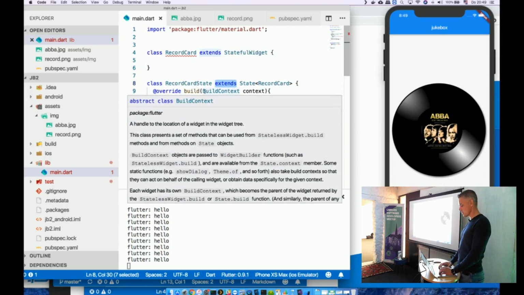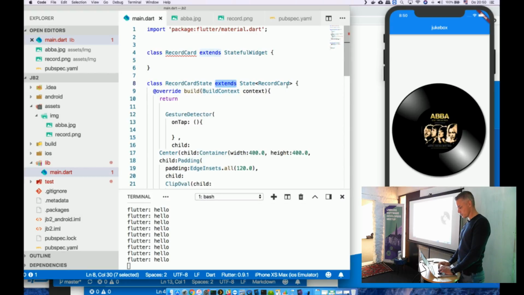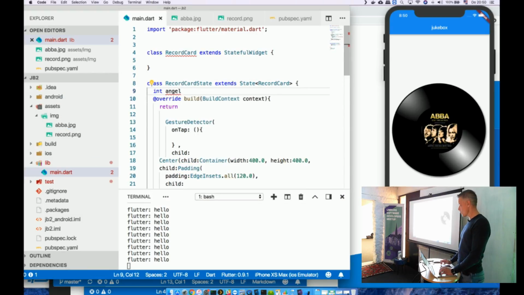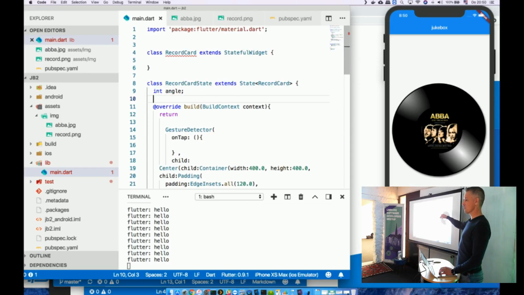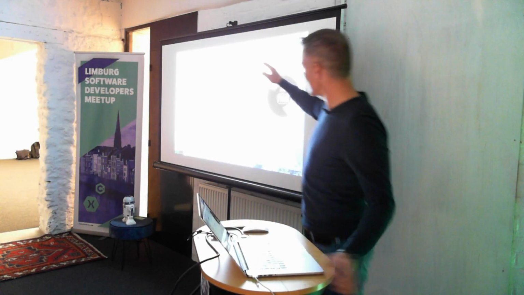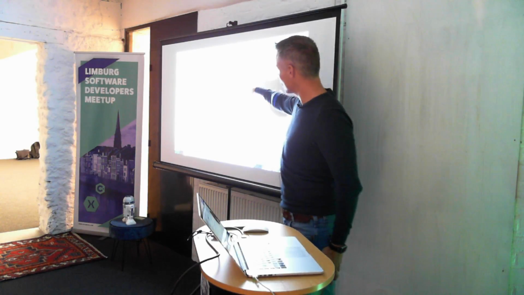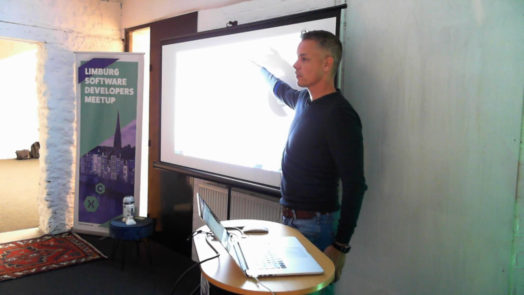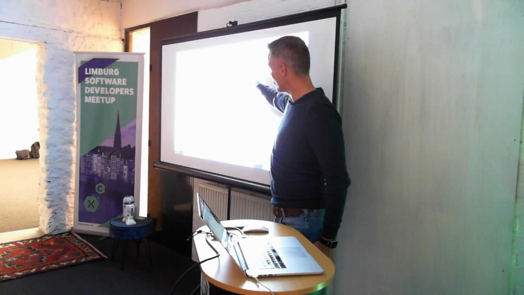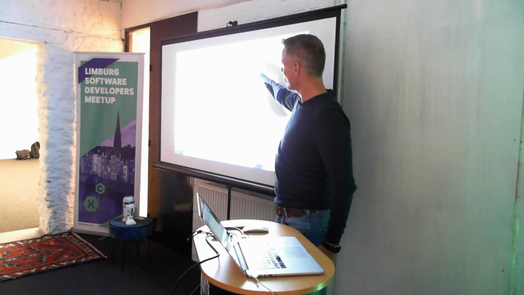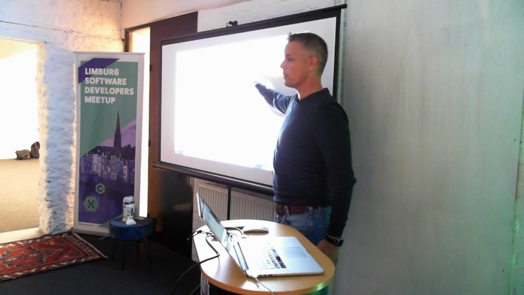If this card state has state, something like an angle, when we manipulate this state, we wrap the manipulation in a set state, which invalidates this state, therefore repainting the record card, which has a representation. This guy is actually painted on the screen, and this guy takes care of the painting of that widget. So there's no two-way binding. When we change the state, this guy wraps it in a set state. When we're wrapping it into a set state, that guy gets called to repaint itself again.